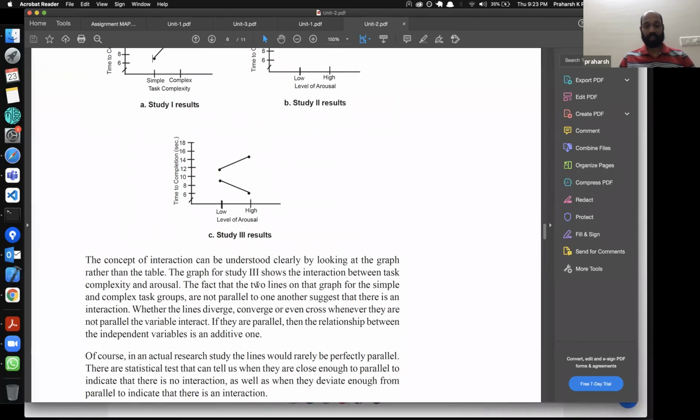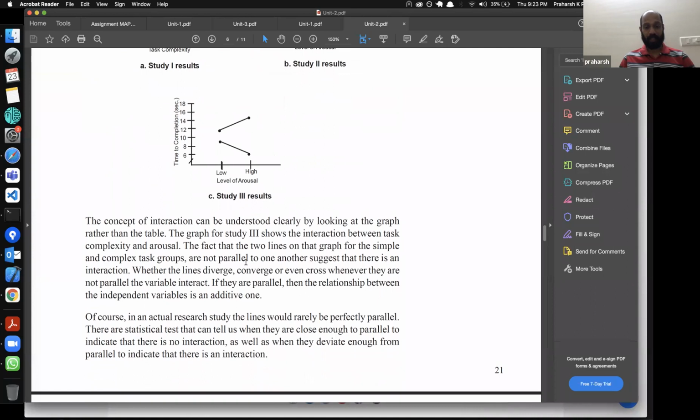The fact that the two lines on the graph for the simple and complex task groups are not parallel to one another suggests that there's an interaction. Whether the lines diverge, go away, converge, come together, or even cross, whenever they are not parallel, the variables interact. If they are parallel, then the relationship between the independent variables is an additive one.